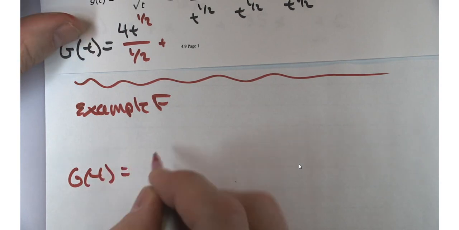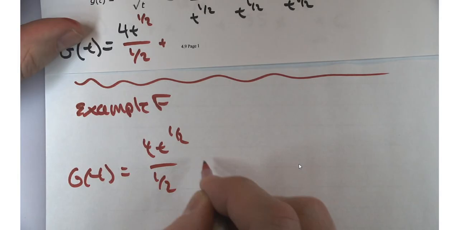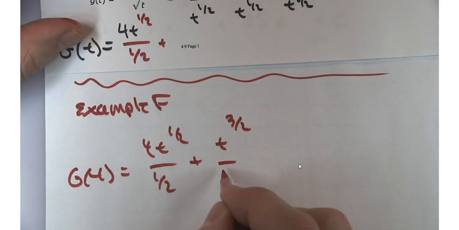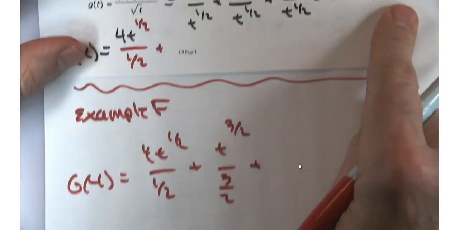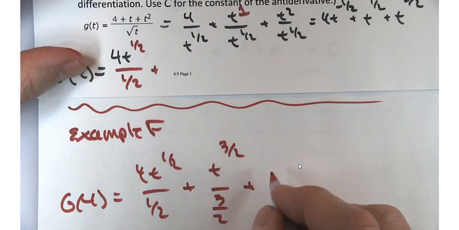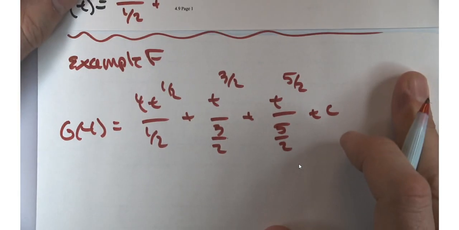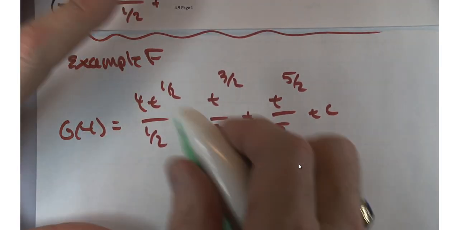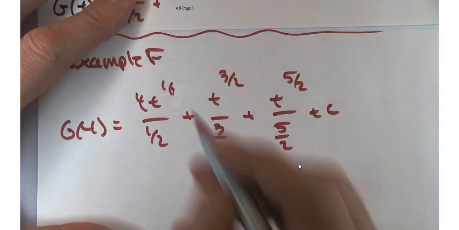G of t will be 4t to the 1/2 divided by 1/2 plus t to the 3/2 divided by 3/2 plus t to the 5/2 divided by 5/2 plus our constant. I would greatly appreciate you cleaning this up a little bit. I'll do likewise, starting with this awful 2 here.